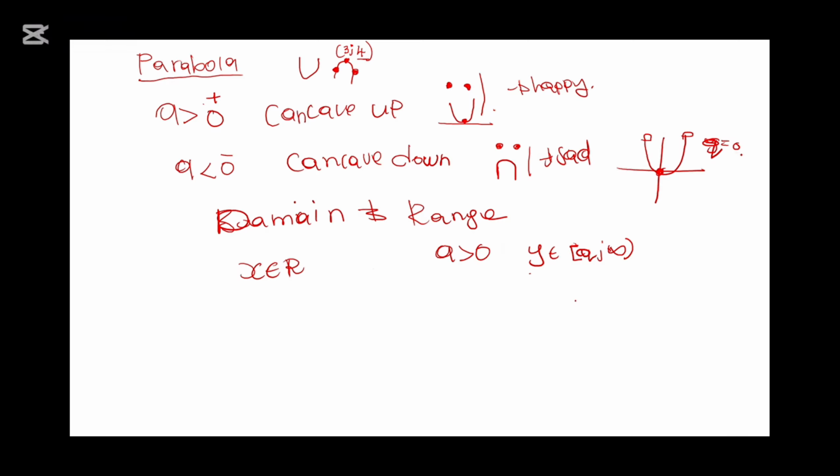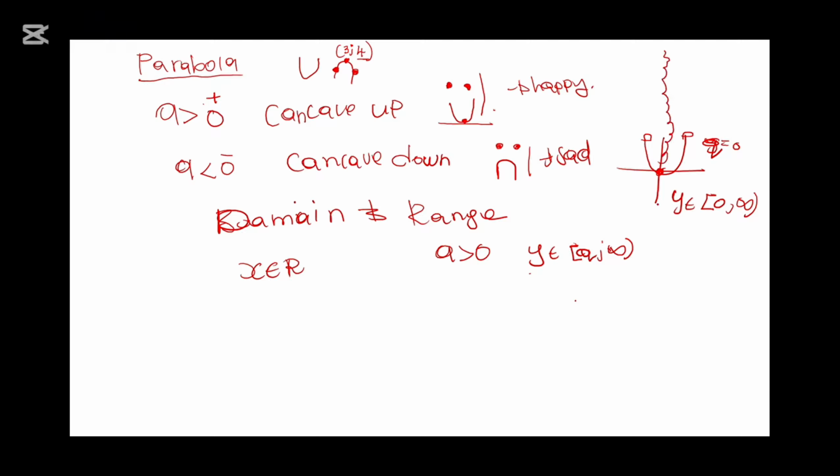So when you write the range, you're going to say y is an element from 0 to positive infinity, because this graph goes up, and it will be defined as it goes.